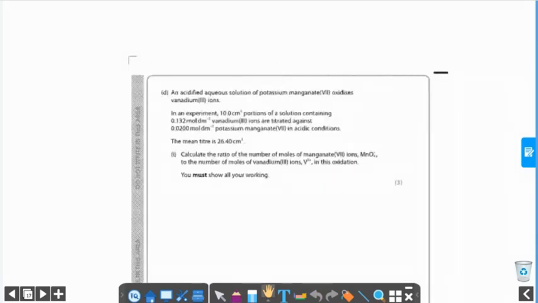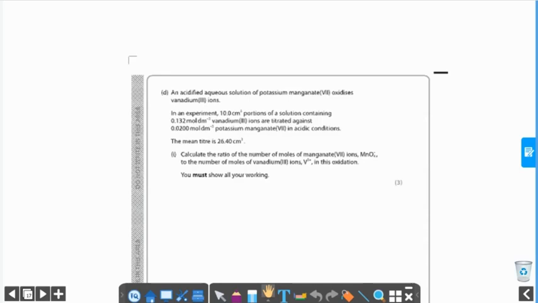An acidified aqueous solution of potassium manganate(VII) oxidizes vanadium 3 ions. Vanadium 3 ions can be oxidized to vanadium 4, vanadium 5, maximum vanadium 5.